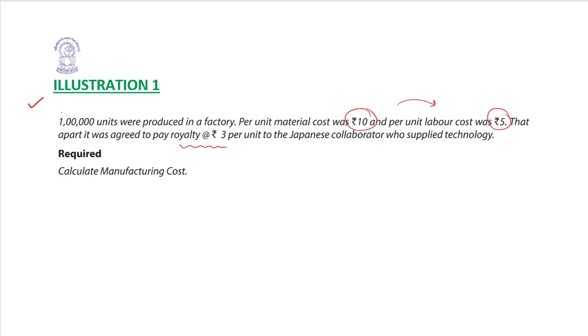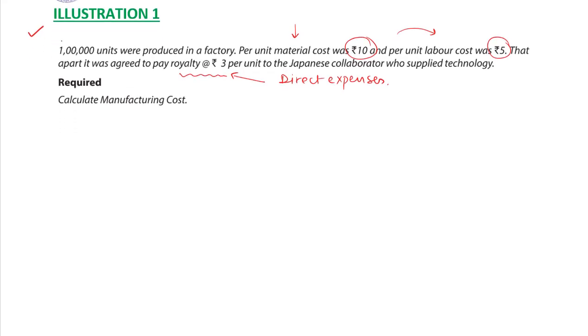Calculate manufacturing cost. Here rupees 5 per unit is direct labor, rupees 10 per unit is direct material, and rupees 3 per unit is direct expenses.